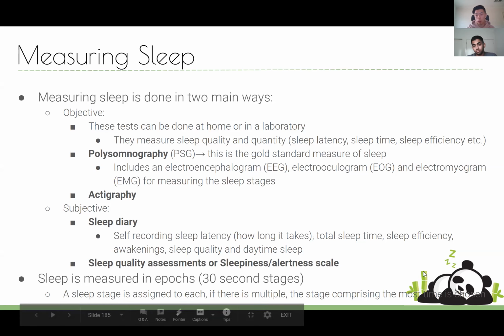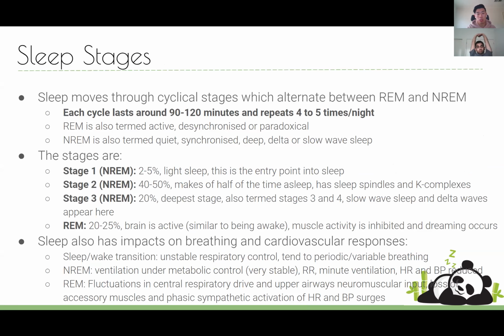Sleep is measured in epochs, so 30-second stages, and your sleep is staged by that. Your sleep will move through a bunch of stages. Each cycle will last around 90 to 120 minutes and repeat 4 to 5 times a night. REM is quite active, desynchronized and paradoxical, and NREM is quiet, synchronized with delta or slow wave sleep.